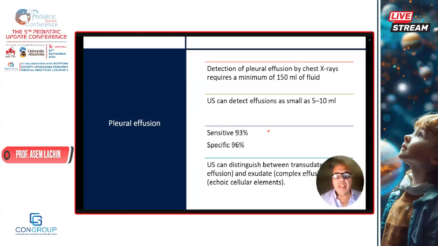The sensitivity is around 93%, and specificity is around 96%. Ultrasound can also distinguish between the transudate as well as the exudate. The exudate is called the complex effusion, where you can find many cellular elements in the effusion itself.